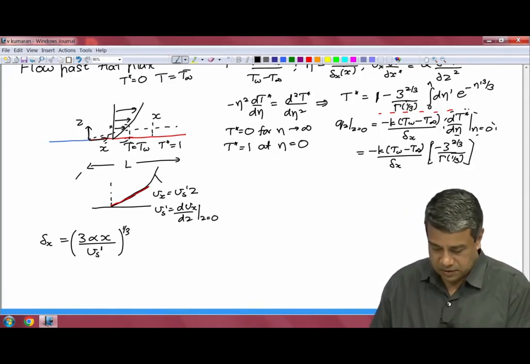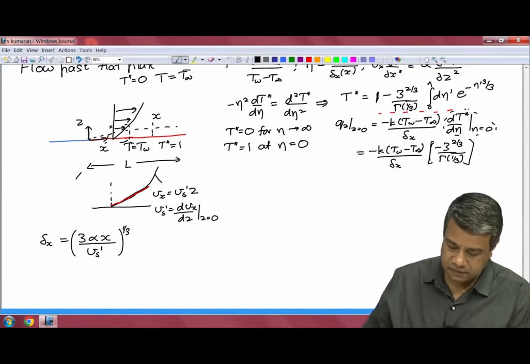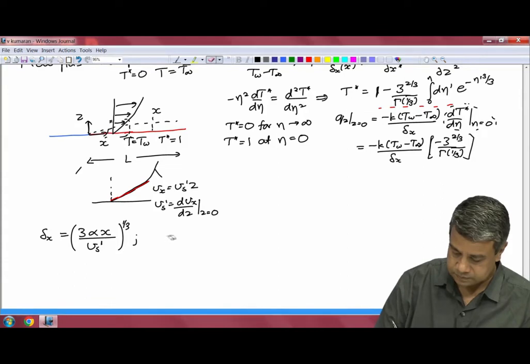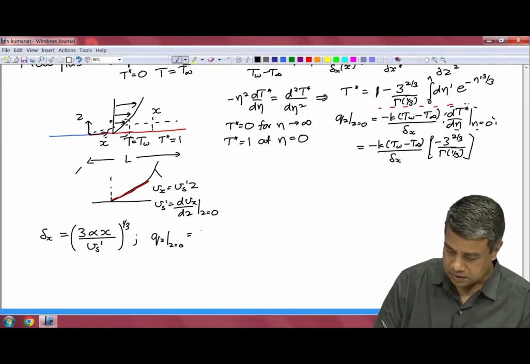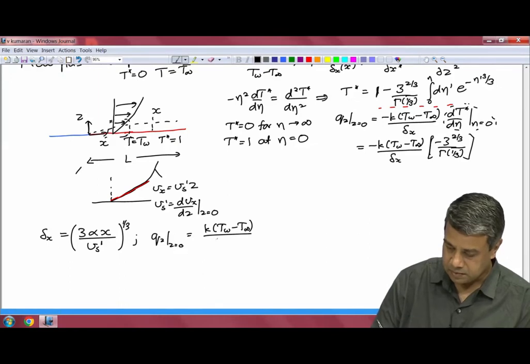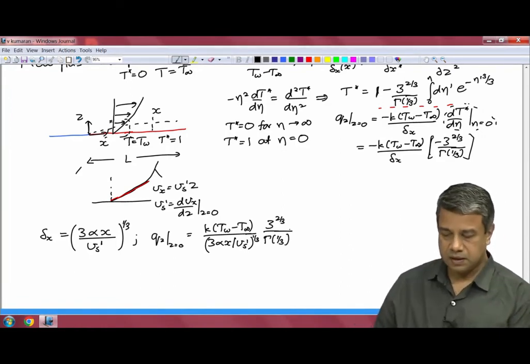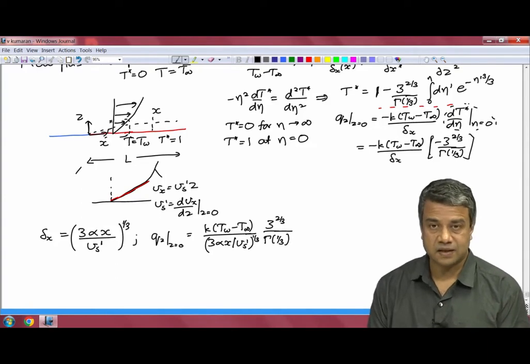This will give us Qz is equal to k into (Tw minus T infinity) by (3 alpha x by Vs prime) whole power 1/3, into 3^(2/3) by gamma of 1 by 3. That was the solution for the heat flux at a given location x.